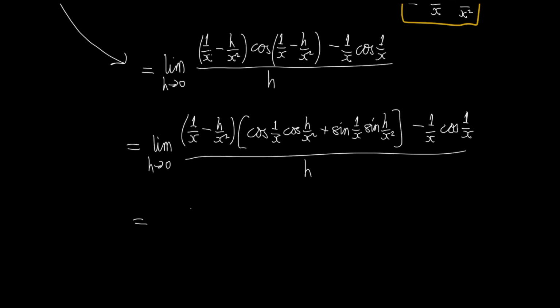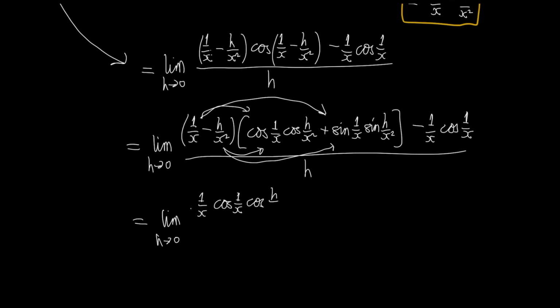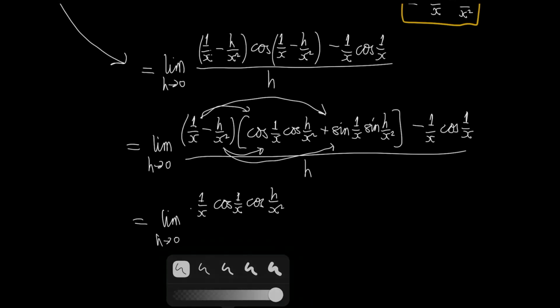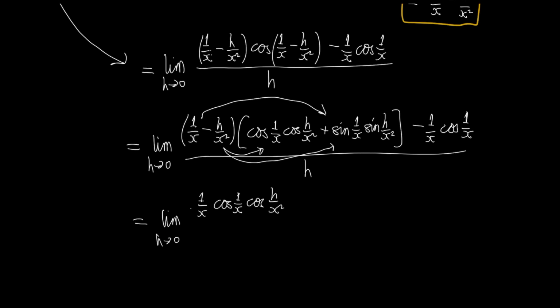Now, like I said, we're just going to keep expanding. We need to multiply this out, like that. So writing out all these terms, we have 1 over x cos 1 over x cos h over x squared. That's this term. Then we have 1 over x times sine 1 over x sine h over x squared. That's this term.